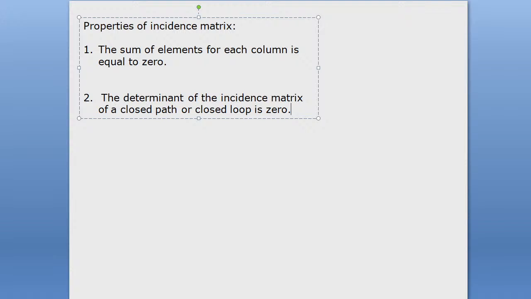You can calculate it for yourself. If you consider a particular closed loop, and you consider the individual nodes and branches for that particular closed loop, and you calculate the determinant, you will get 0.